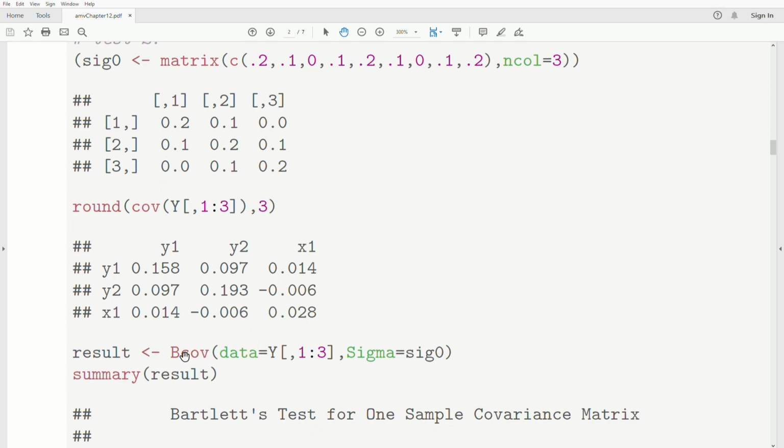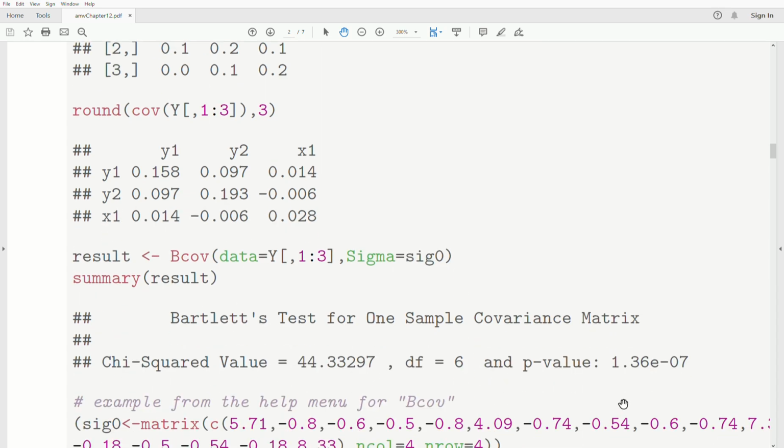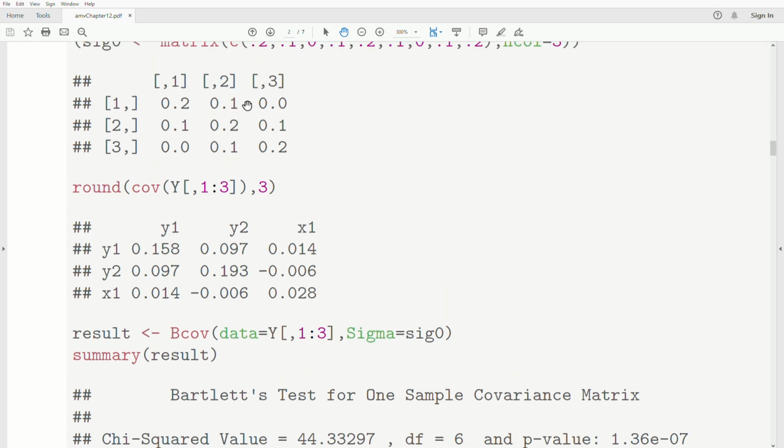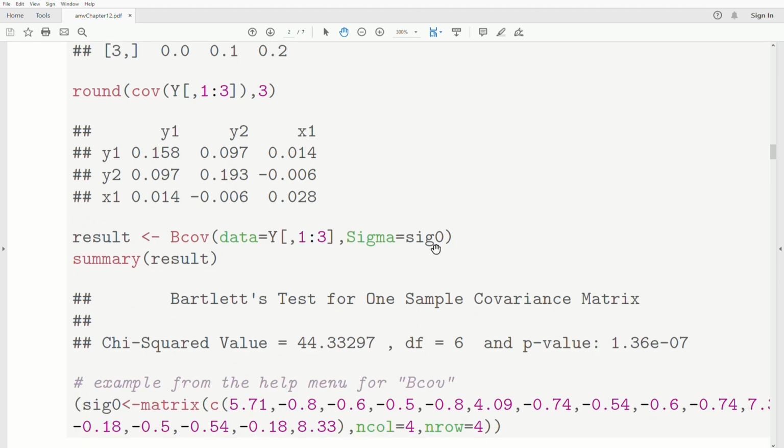But if we look at Bartlett's test, we put the data here, so the first 3 columns, the hypothesized covariance matrix, summarize the results, and we get a very small p-value. So that says there is evidence that this hypothesized covariance matrix is not the true covariance matrix.